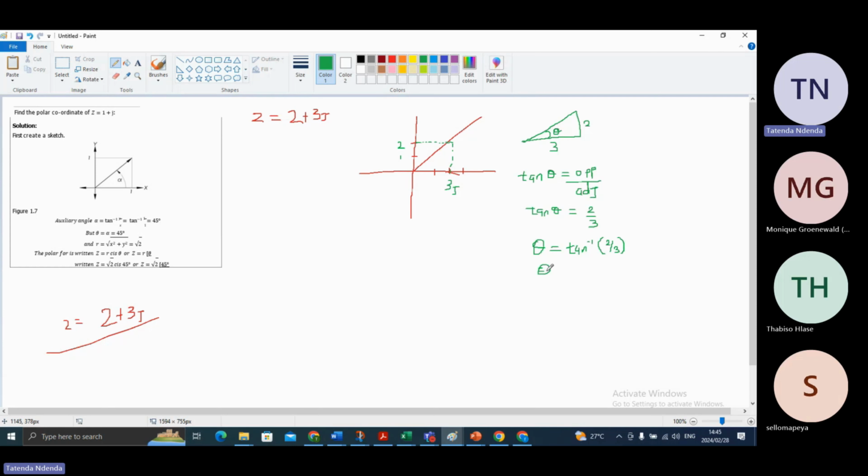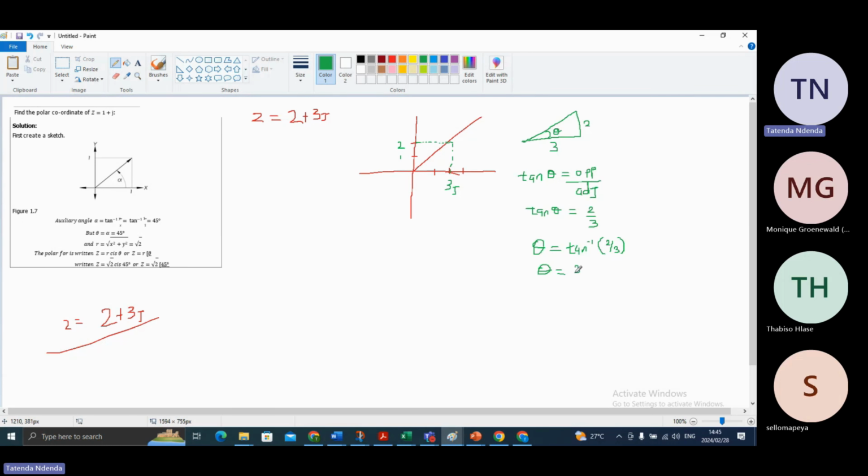So your theta is equivalent to what? You punch the calculator. Let me correct this and punch it here. We say 2 divided by 3, then second function tan, and we get something like 33.69.